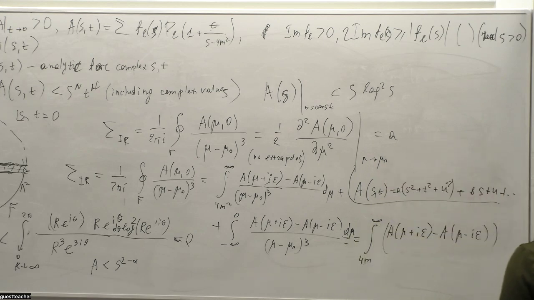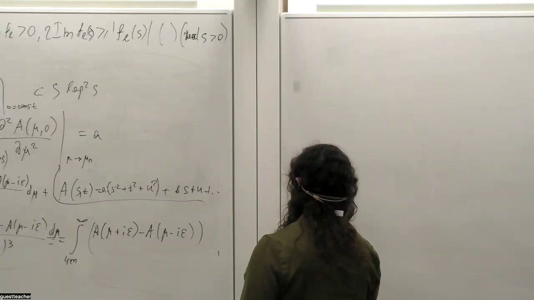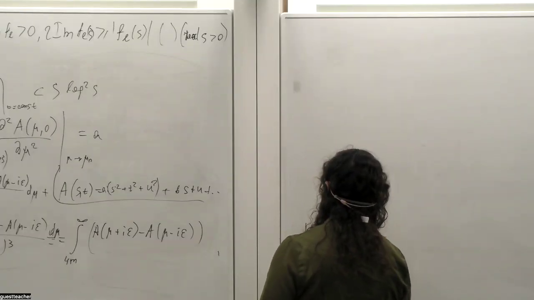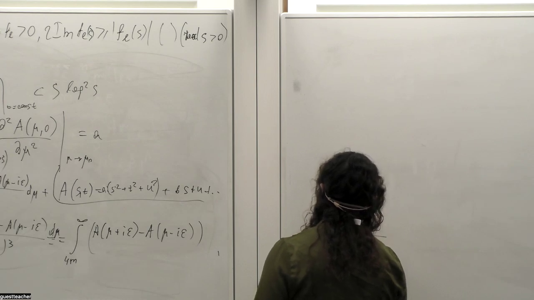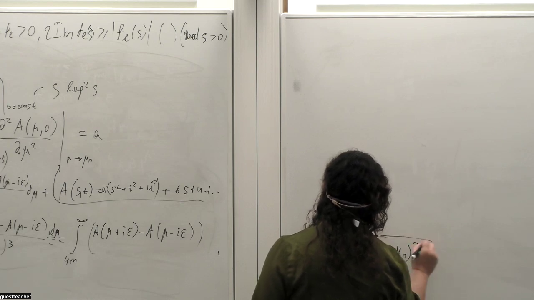And in addition, I will have 1 over mu minus mu 0 cube plus 1 over 4m squared minus mu plus mu 0 cube.